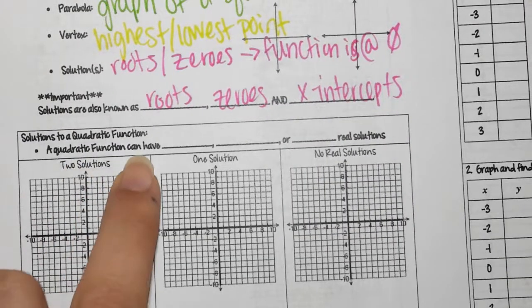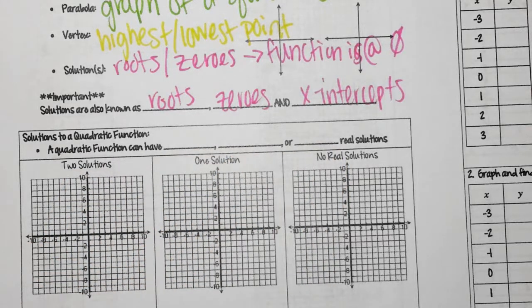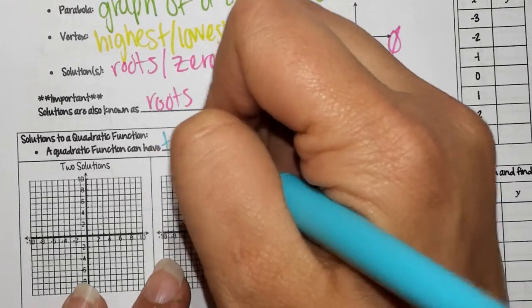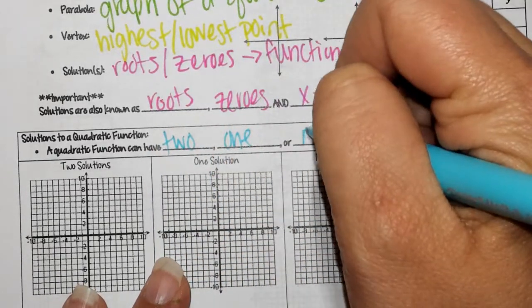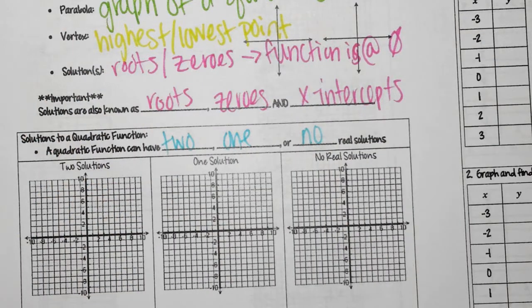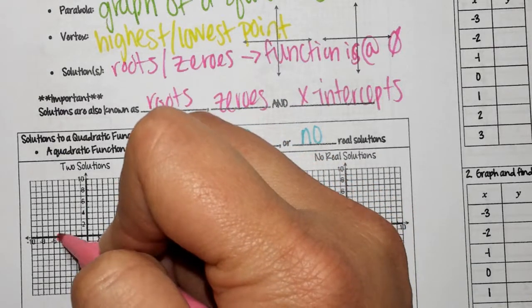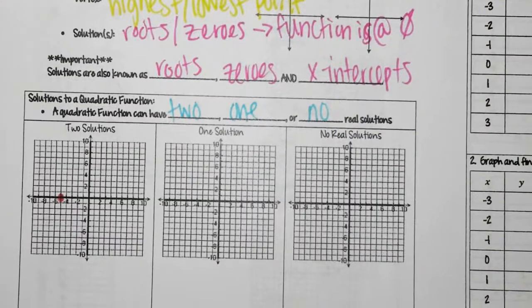Alright, so a quadratic function can have 2, 1, or no real solutions. So how many times will it pass through the x-axis if there are 2 solutions? Twice. 2 times. So I would like you to put a dot at -5 on the x-axis.